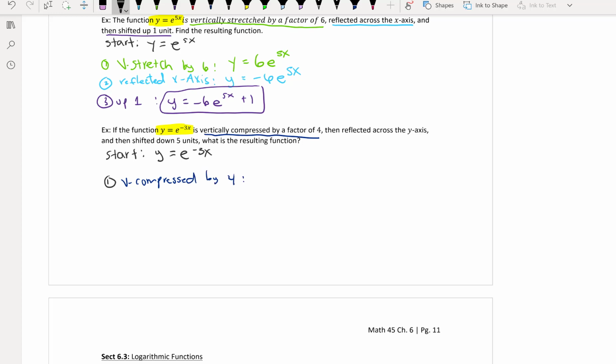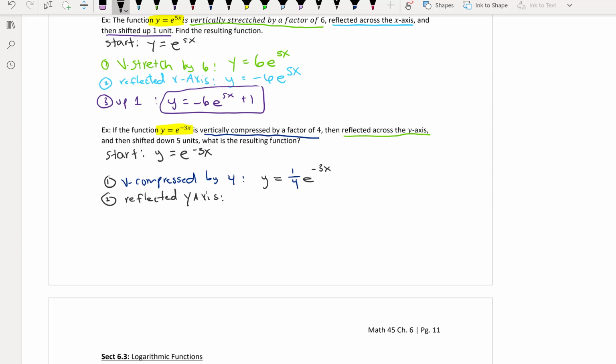So I still have y is equal to, but since it's a compression, I'm going to have 1/4, and I still have my e to the negative 3x. The next thing is that it's reflected across the y-axis.